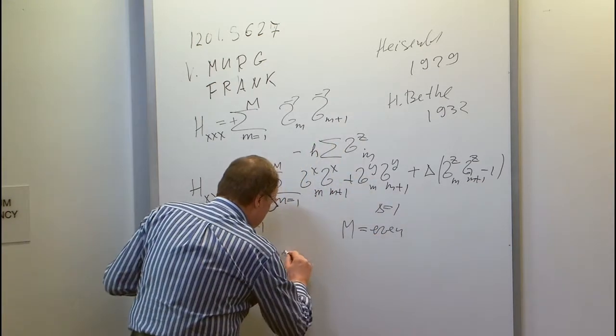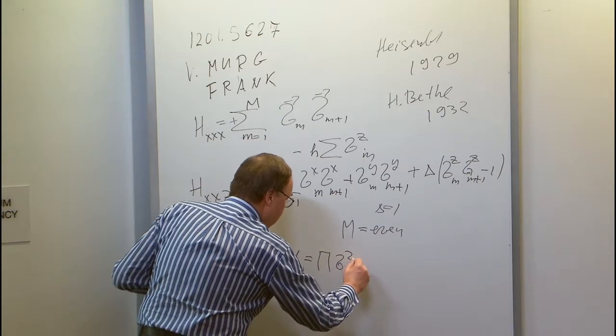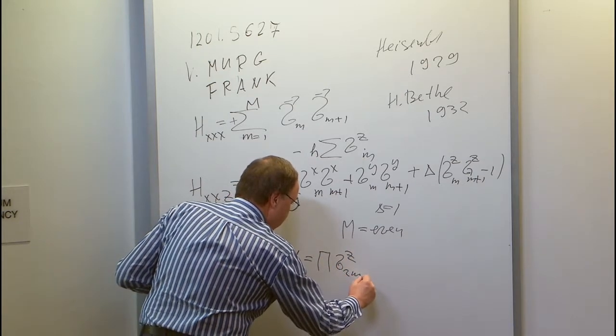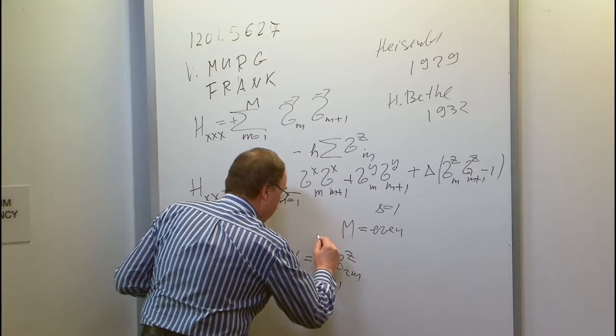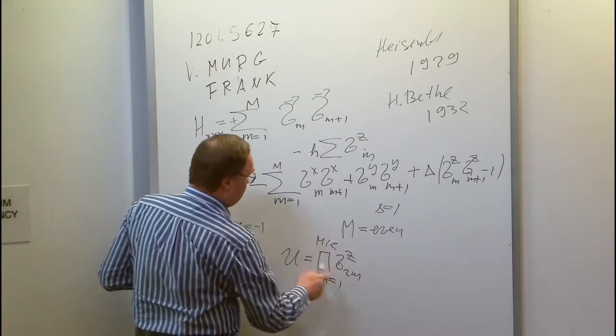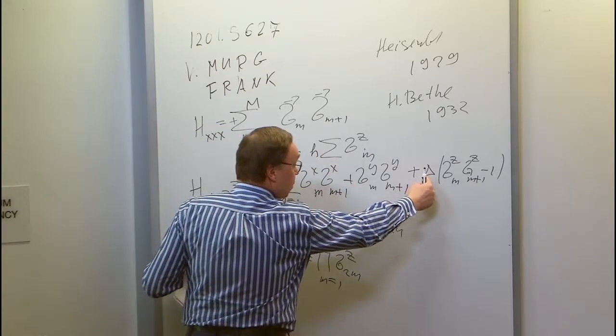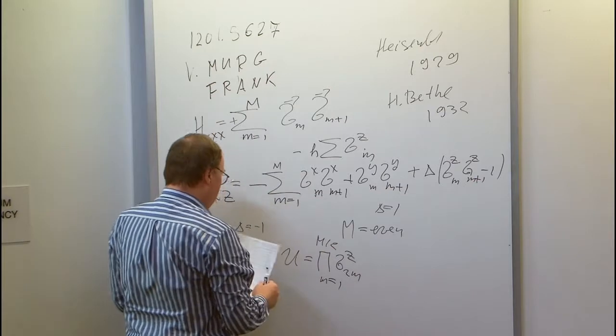Then I can introduce a unitary transformation, which is the product of sigma z on every other lattice site. This unitary transformation will change the minus signs into plus, and with delta equal to 1, we map back to here.